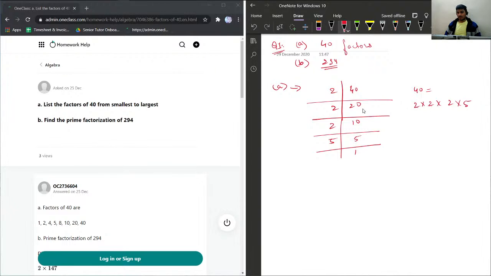For 40, 1 is the smallest number, then we have 2, then we multiply 2 with 2 which gives us 4, then 4 times 2 is 8, then we have 5, and then we multiply these terms and we get 40.